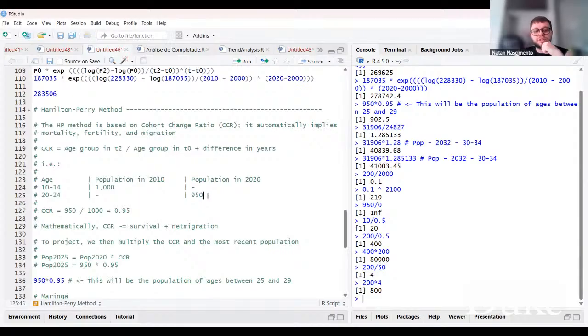So, of course, 2010, 2020, here, we're still in the middle of the pandemic. So if we're projecting to 2030, it will give us a slightly higher number or a slightly lower number. But since it's already implied for mortality, it's a useful method.